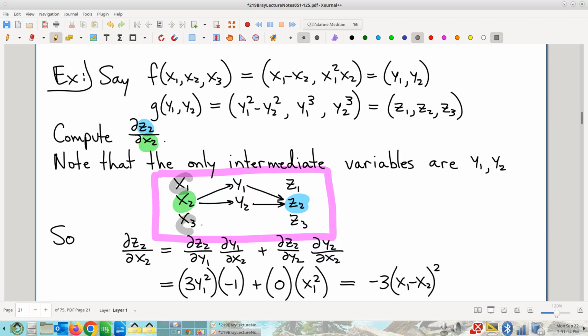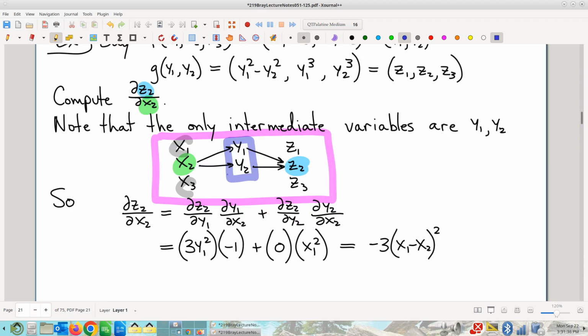Oh, thank you, diagram. That's really nice. The other thing you can see here is I can see exactly what my intermediate variables here are. Like along what paths from X2 to Z2 can changes propagate? Well, they're going to have to go through one or the other of these variables. So keeping in mind intermediate variables.